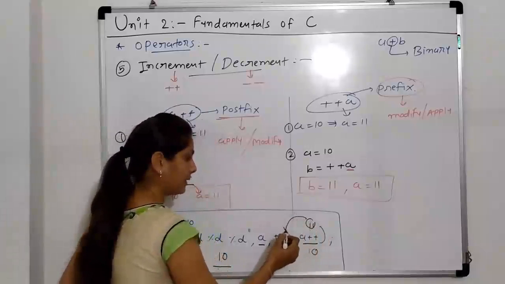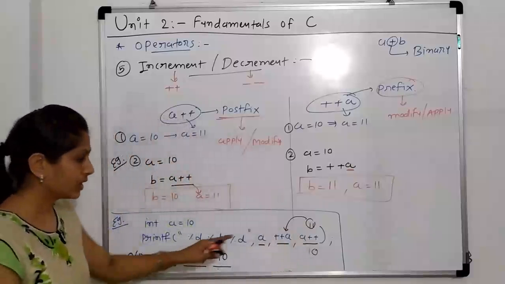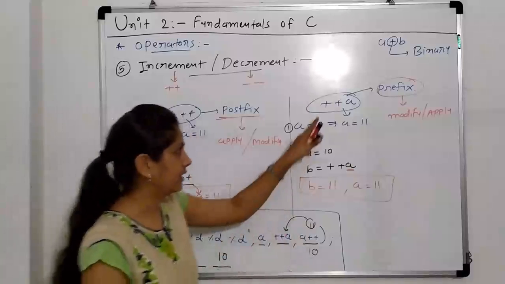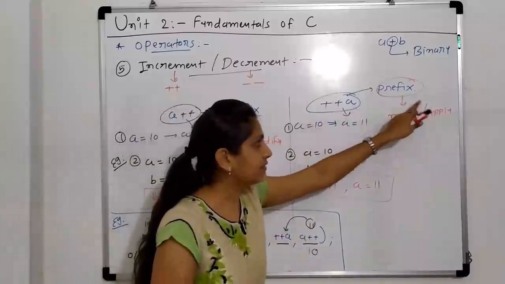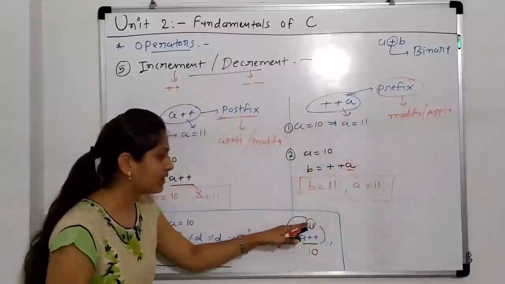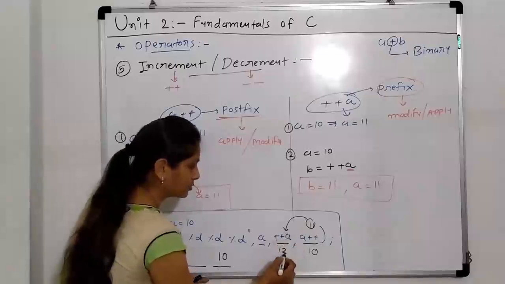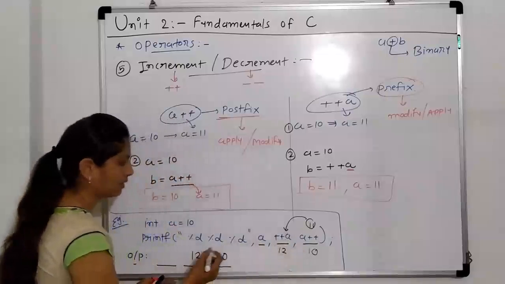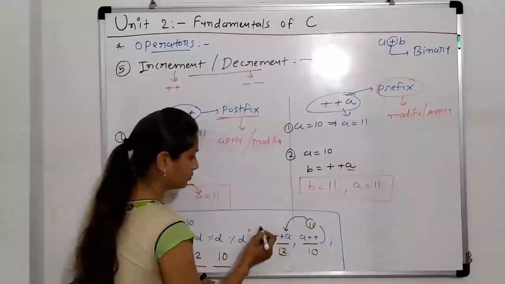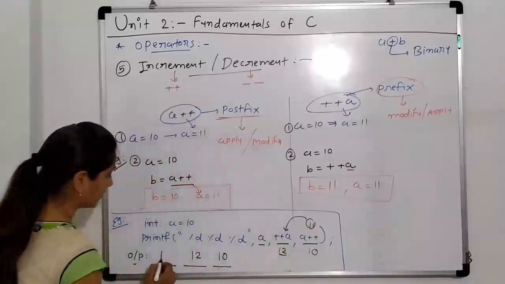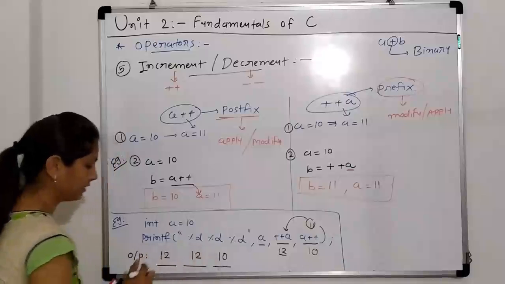That value will be applied here. Now it is in the category plus plus A, so modify and then apply. So 11 is modified first, that is 12, and then applied. So here the output is 12, and the same value you apply for A. So our output is 12, 12 and 10.